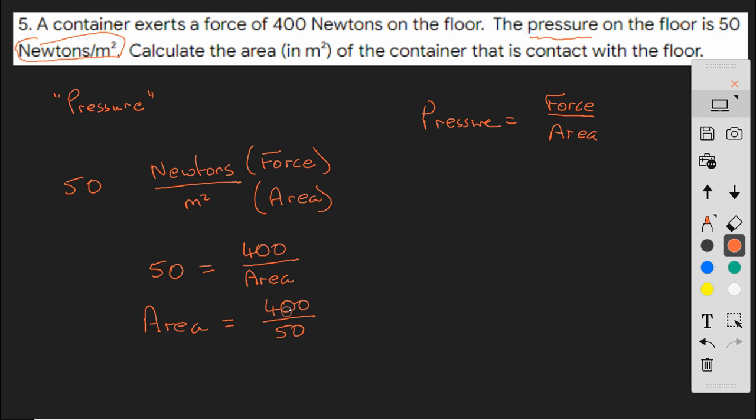Again, I'm going to do this without my calculator. I'm going to look at my equivalent fractions and say that that's 40 over 5. 40 divided by 5 is 8. Now, I don't need to include my units here because I was told in the question that I just wanted it in metres squared. So 8 is going to be fine.